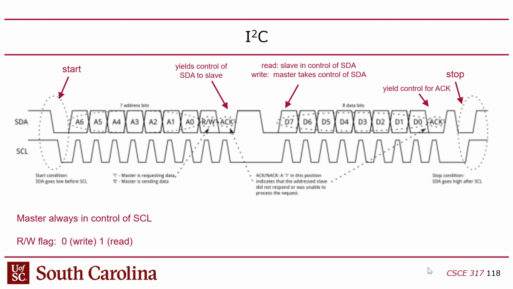So what happens is the master puts an address out like a header, and then it yields control of that same wire to the slave, who then responds with an acknowledgement. And then, if it's a read operation, the slave will keep control of that wire and send the data back. And if it's a write operation, it'll yield control to the master, who will then continue driving the data. So even though the clock is driven by the master, like in SPI, the data line actually changes hands even within a transaction.